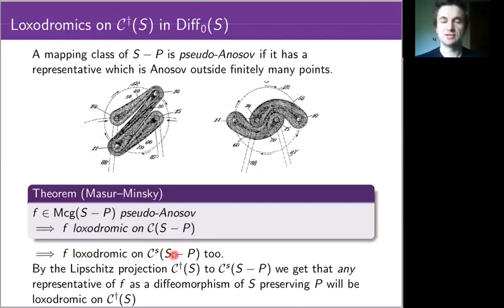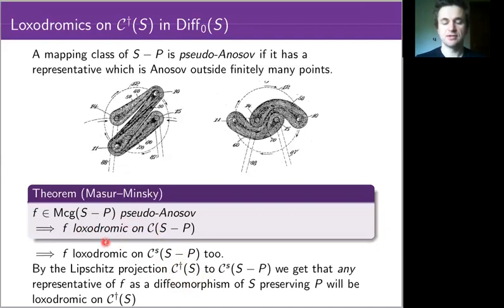But we saw this Lipschitz projection earlier of C dagger onto the surviving curve graph. And so using that, we can deduce that F is loxodromic on C dagger too. In fact, the asymptotic translation length of F on the curve graph gives us a lower bound for the asymptotic translation length on C dagger.